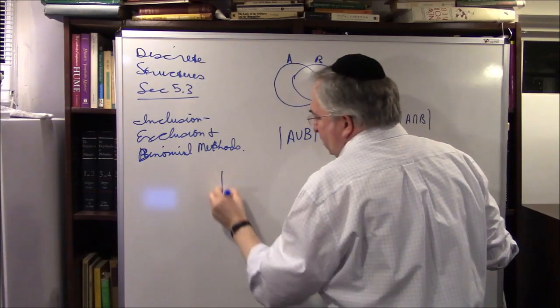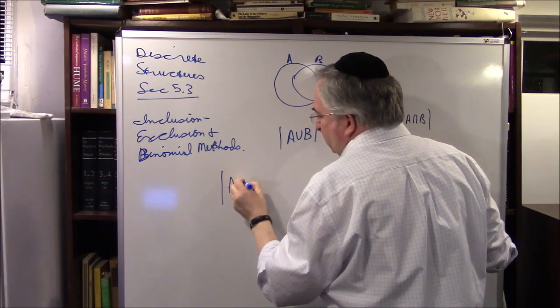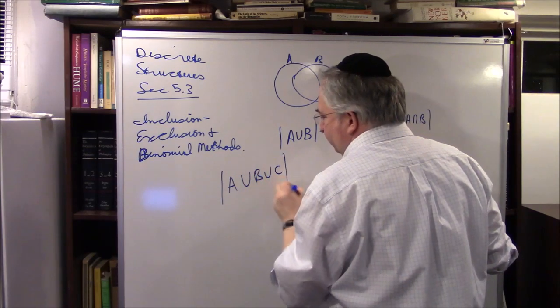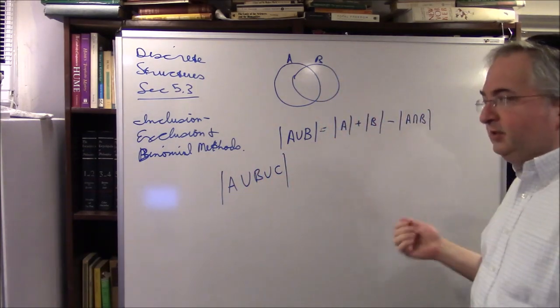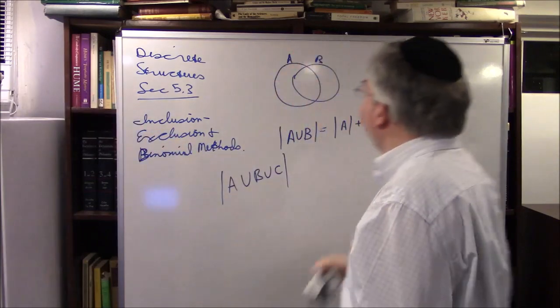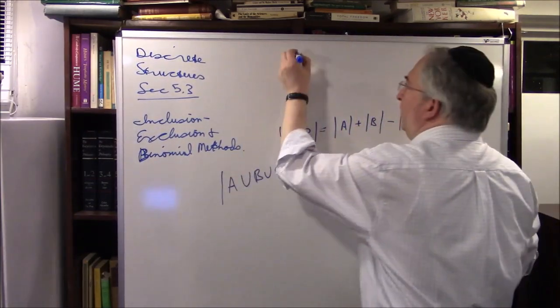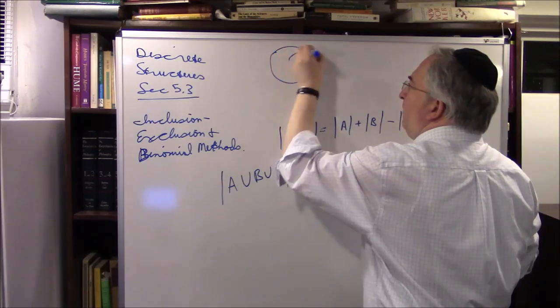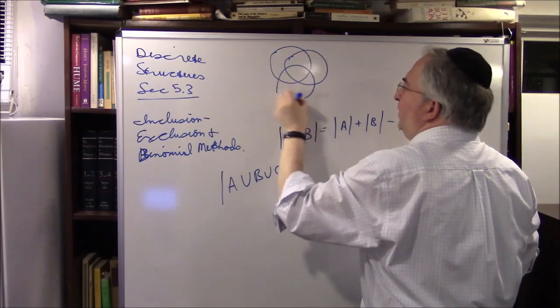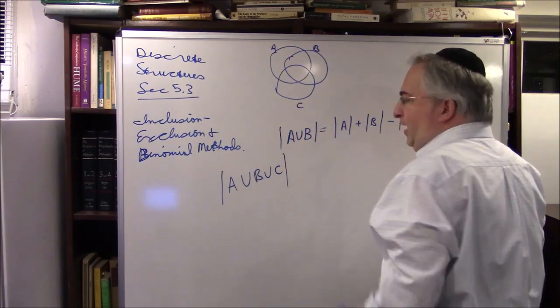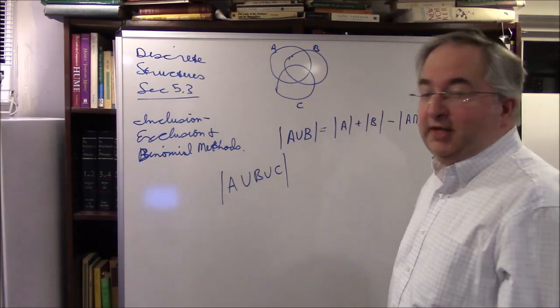And if you generalize it, you get, what about this? A union B union C. Okay? So let's draw a picture. A, B, and C. And I want to add up all the elements and see how many elements there are.